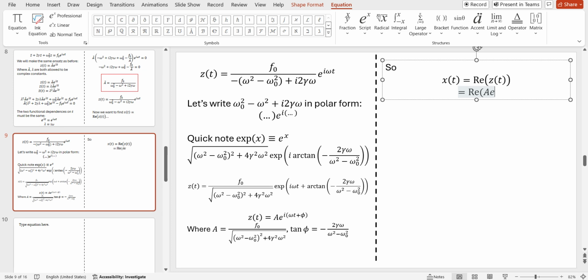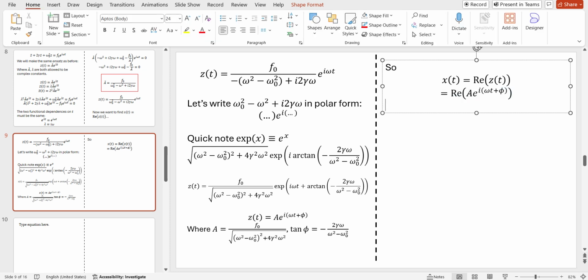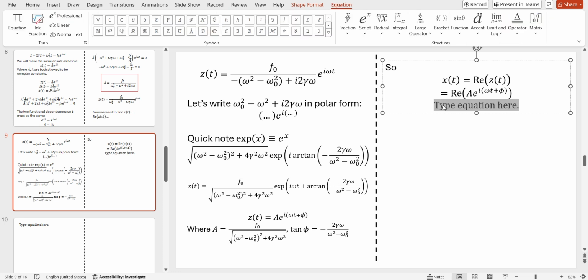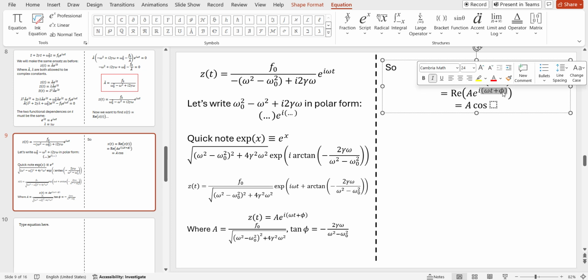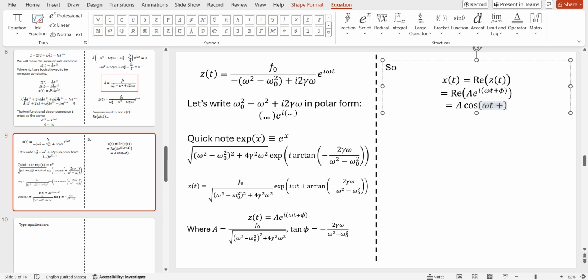Let's just call it A e to the i (omega t plus phi), where A and phi are down here. I just don't want to write the whole thing again. And this is easy to calculate. This is just going to be A times cosine of (omega t plus phi). That's it. And that's exactly what we got last time.